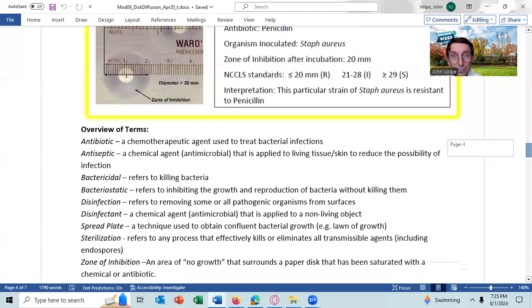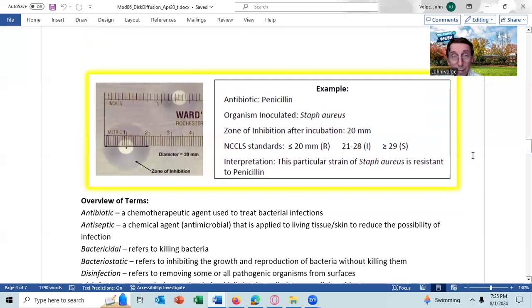What does the intermediate mean? It means the size of the zone of inhibition is not great enough to be classified as sensitive. This organism is not sensitive to that antibiotic.